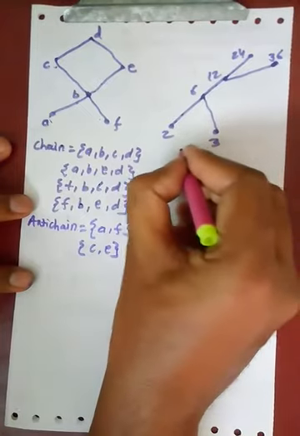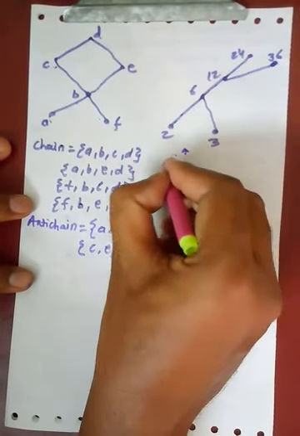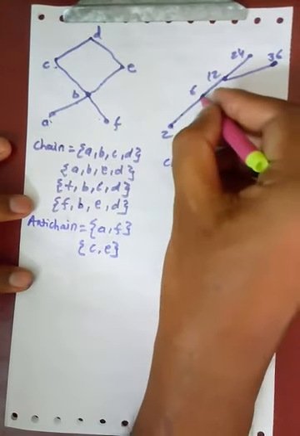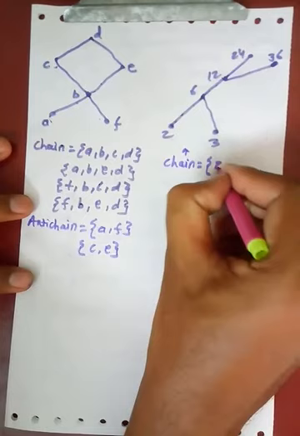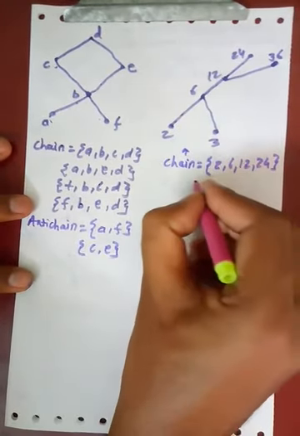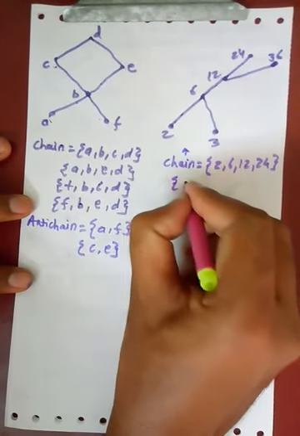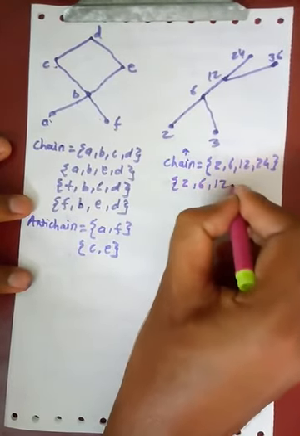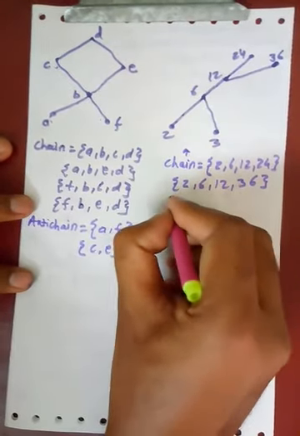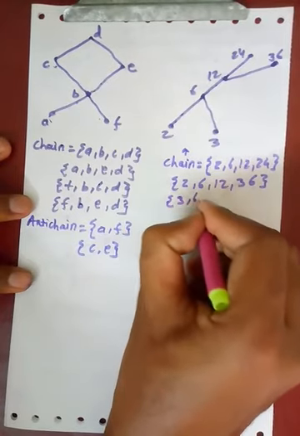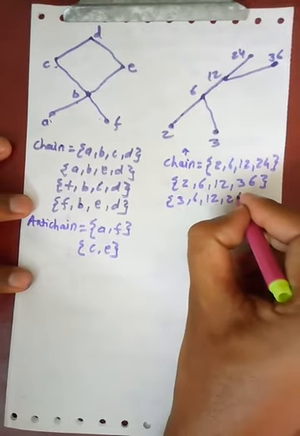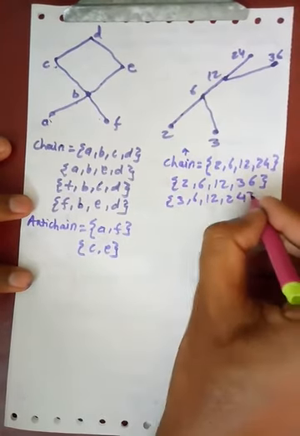So consider the second example, this one. In that, the chain is 2, 6, 12, 24. Again the second one is 2, 6, 12, 36. The next one is 3, 6, 12, 24.